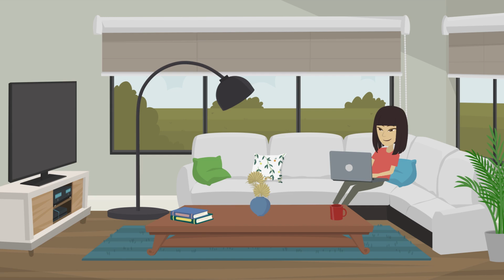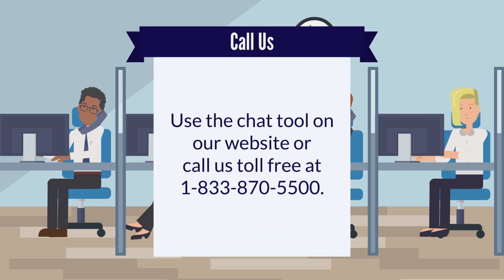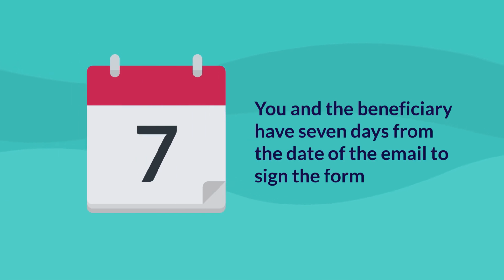Ensure the beneficiary knows to check their email to sign the form and complete the request to move process. If you have not received an email within 5 minutes, or if the email address listed is incorrect, use the chat tool on our website or call us toll-free at 1-833-870-5500. You and the beneficiary will have 7 days from the date of the email to sign the form.